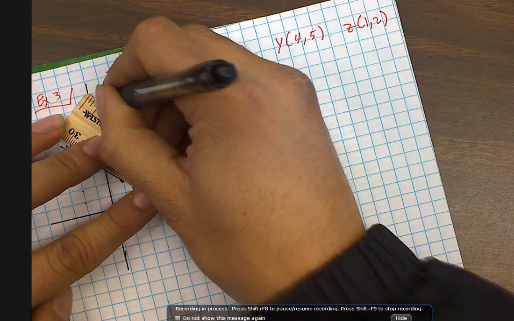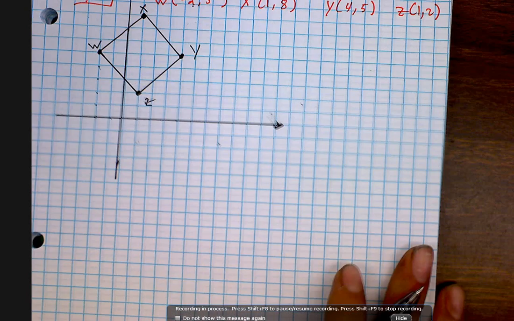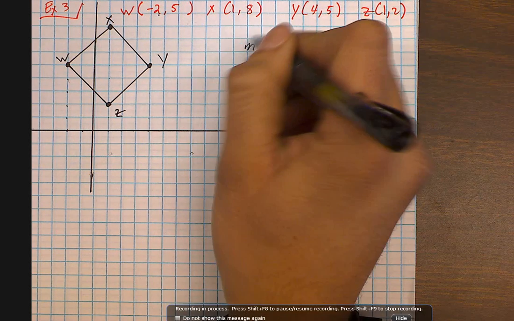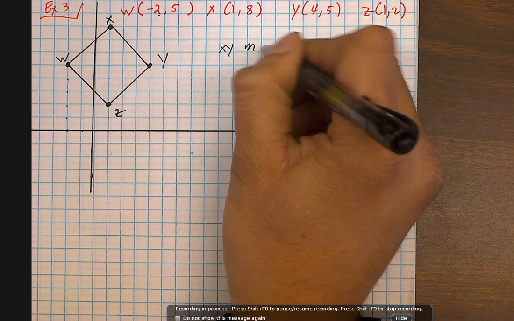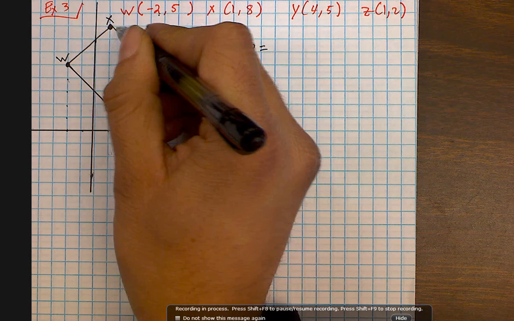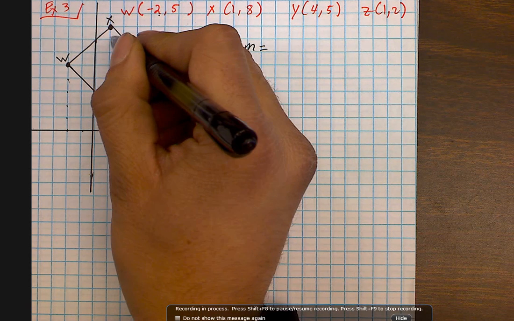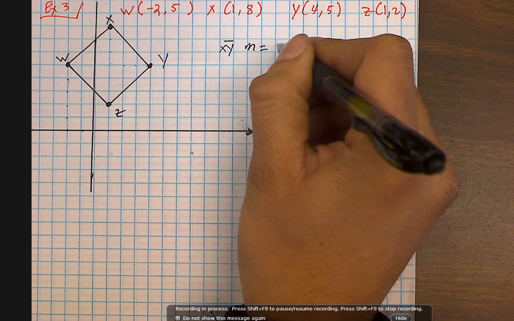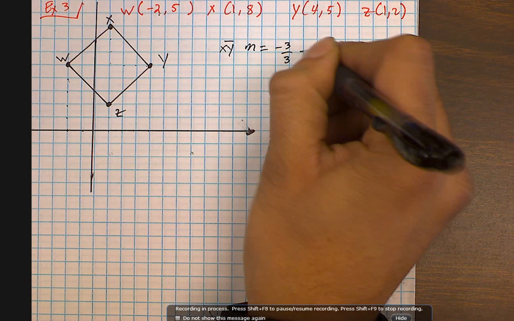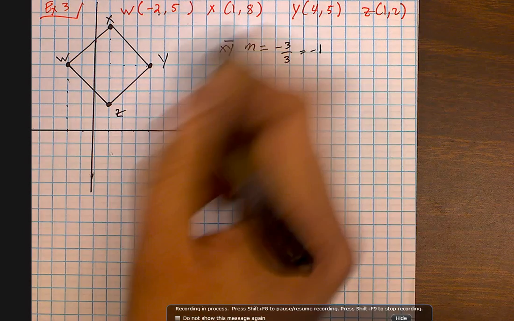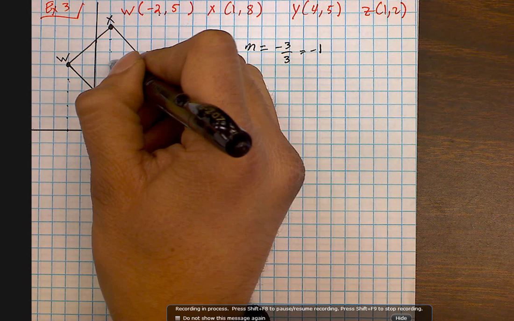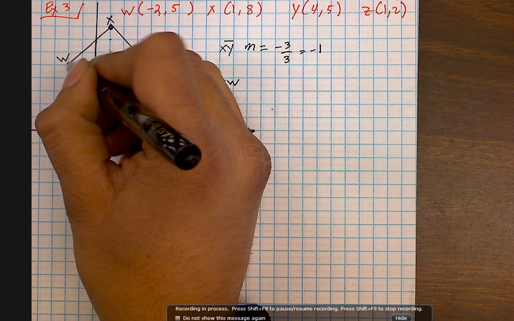All right, so first let's go ahead and find the slopes. Okay, so the slope of XY first. Start on the leftmost, so you go down 1, 2, 3, and then over 1, 2, and 3. So that one is negative 3 over 3, which is just negative 1. Now let's find XW. You're actually going to start on the leftmost, so you go up 1, 2, 3, over 1, 2, 3.